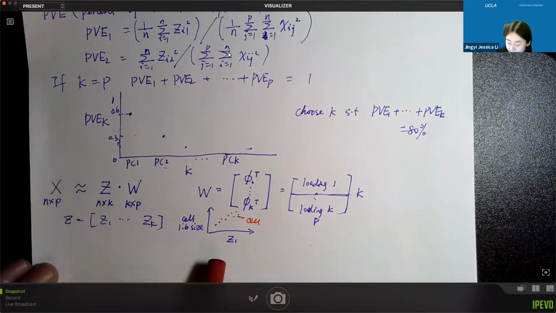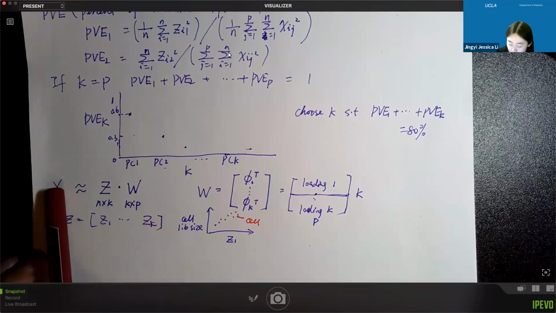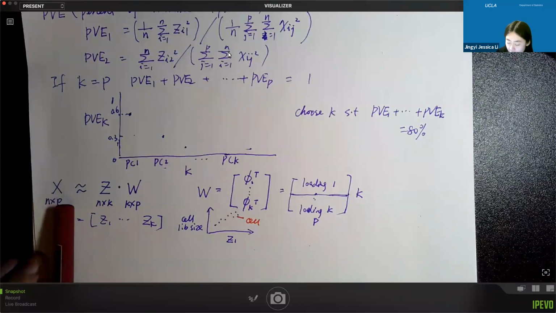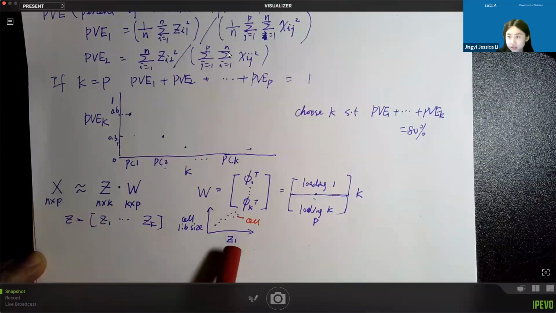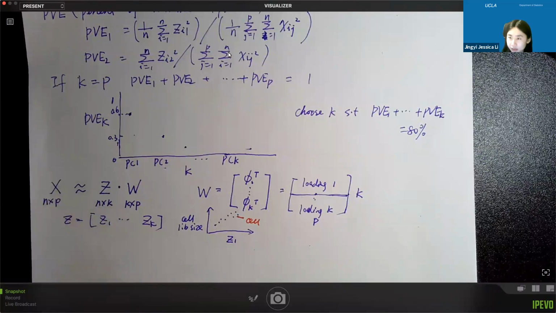Then what you can do is take each column in X, X1 to XP, and regress each Xj on Z1, so that you're just taking the residuals as your new data.